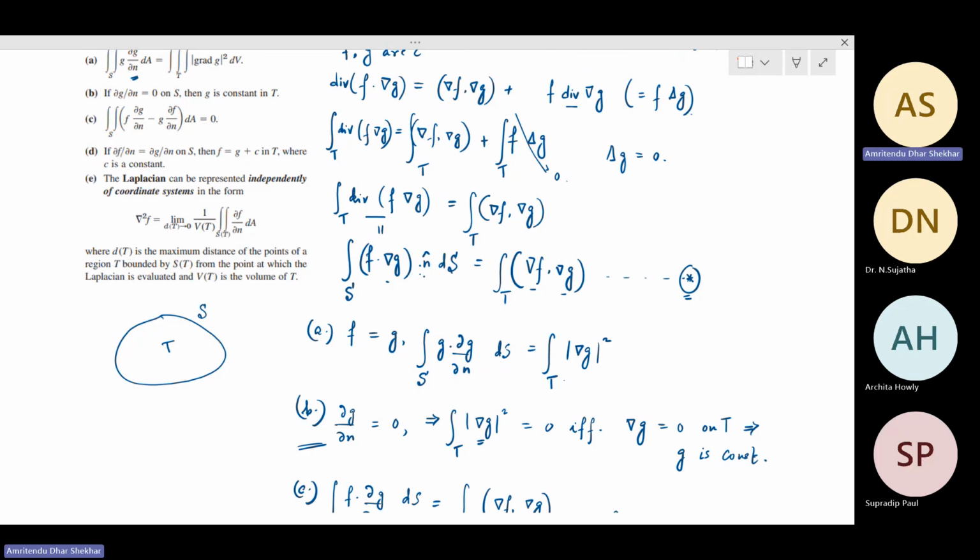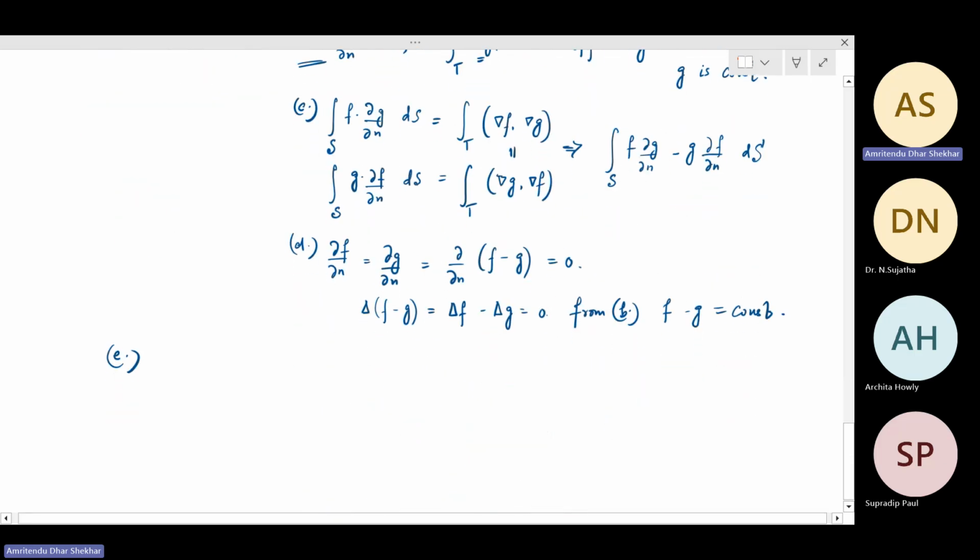So, what is the Laplacian? Let's look at the final part. The Laplacian of f is equal to the divergence of grad of f, right?